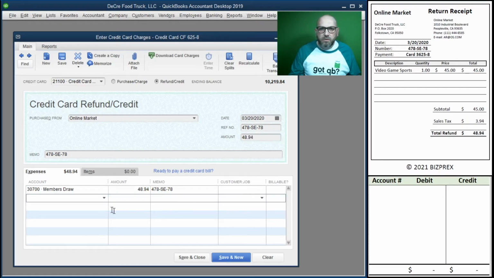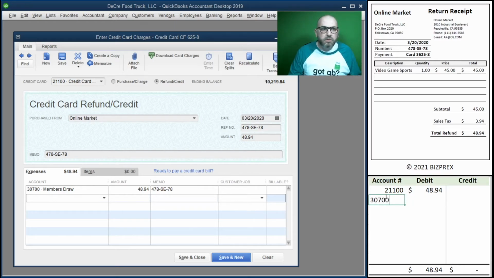All right, here we are. So let's make sure we understand what we're booking. Our liability account is now reduced, right? Because we returned an item, the credit card company got that money back from the vendor, from the merchant, whoever sold it to us. So our debt got reduced by that. What else happened?